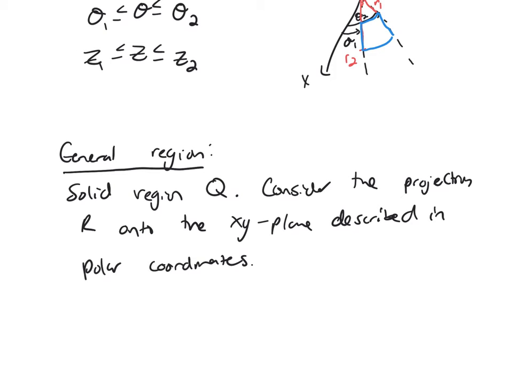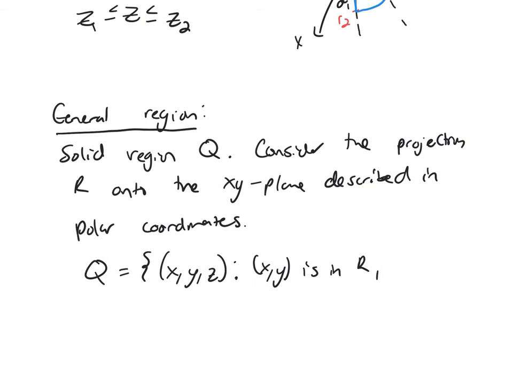So then you can define Q as the set of (x, y, z) where (x, y) is in your region R, and then z has some bounds on it, h1 to h2.